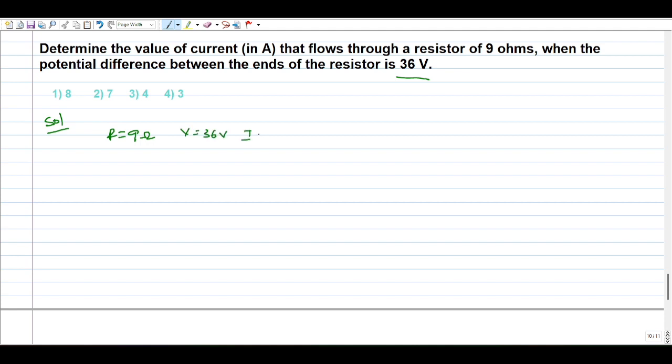We need to find the value of current. So I is equal to V by R, 36 by resistance 9. So the answer is 4 amps. The value of current is 4 amps, so the option is 3, 4.